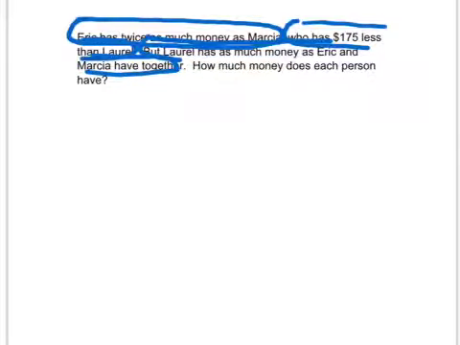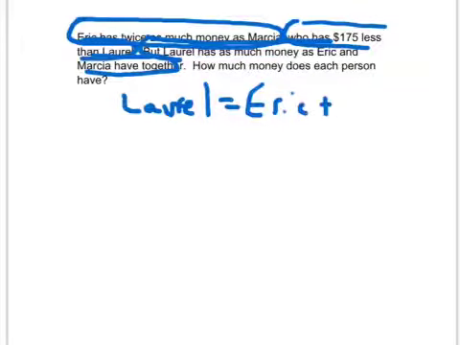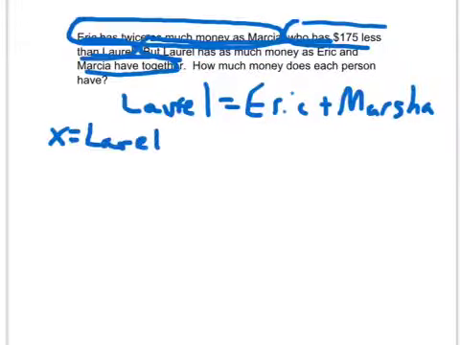So basically what I know is that Laurel's money equals Eric plus Marcia. Now I have to figure out how in variables to represent this. Well, Laurel's by himself over here. He has as much money as Eric and Marcia have together. So I'm going to make him my variable, just because he's all alone anyway.